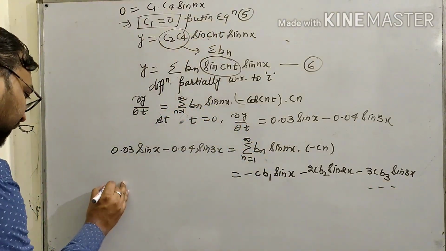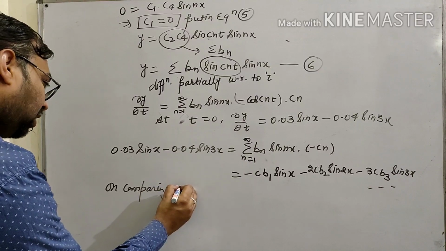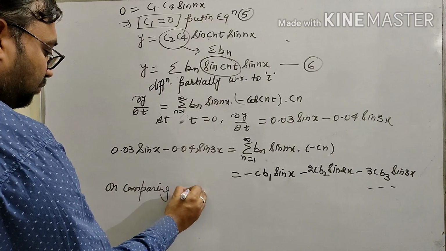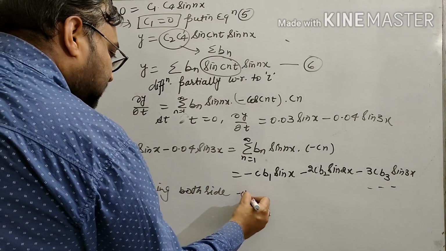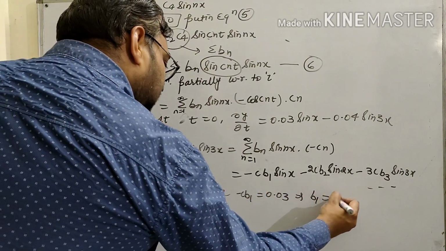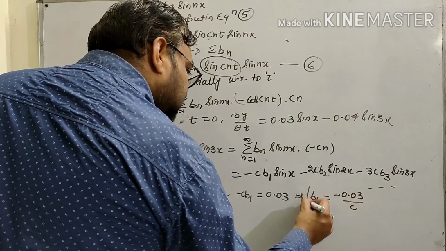So on comparing the coefficients of sin x, sin 2x, sin 3x on both sides, we get minus cb1 equals 0.03, or b1 equals minus 0.03 upon c.